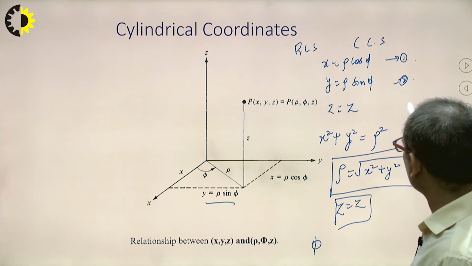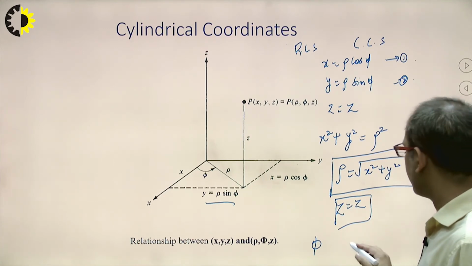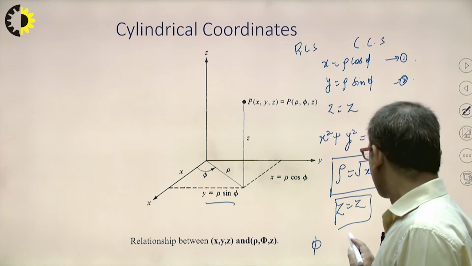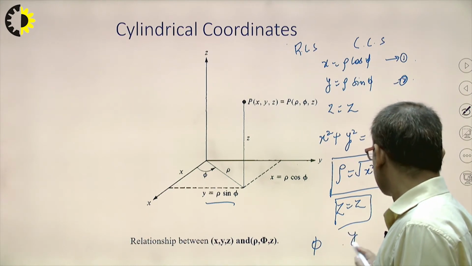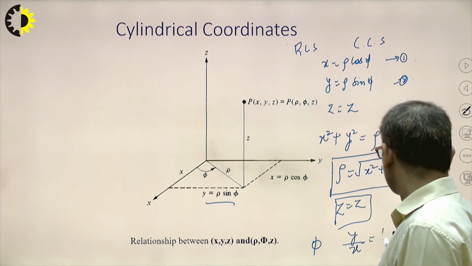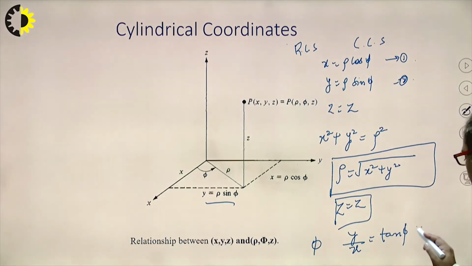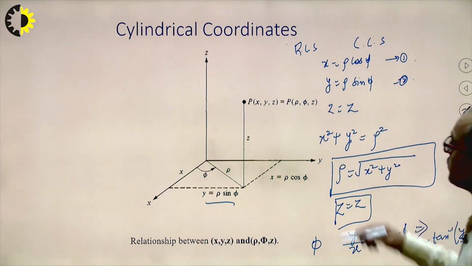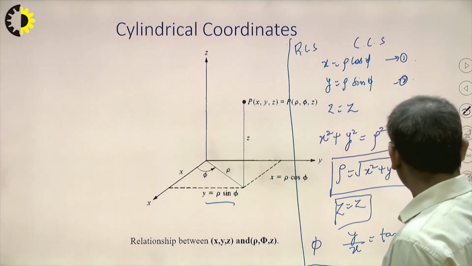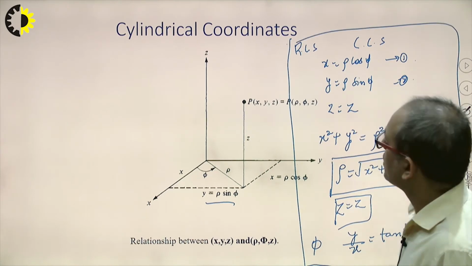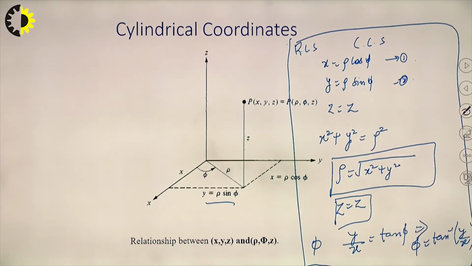Divide equation 2 by 1, you will get y by x equal to tan phi, and then phi equals tan inverse of y by x. Clear? So this is the relationship between the rectangular coordinate system and the cylindrical coordinate system.